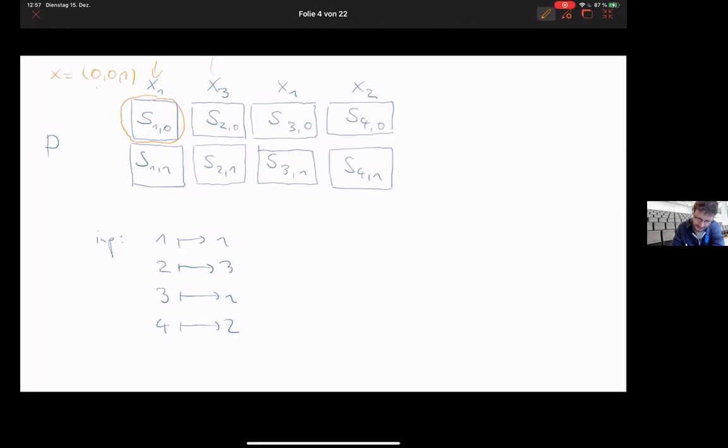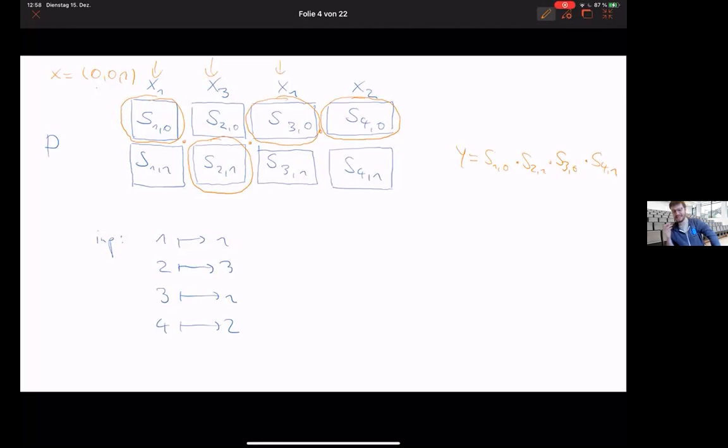Now I'm going to go to the second position, x3. x3 is 1, so I have to take this guy here. Now here again, x1, we know x1 is 0, so I have to take S3,0, and x2 is also 0. I multiply, and finally I just multiply all these matrices together, right? So in this case, I just have y equals S1,0 times S2,1 times S3,0 times S4,1.